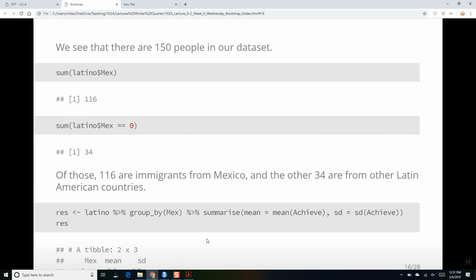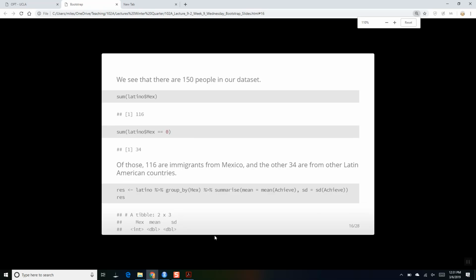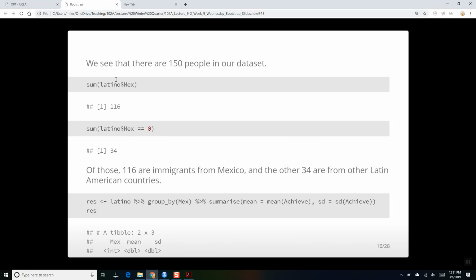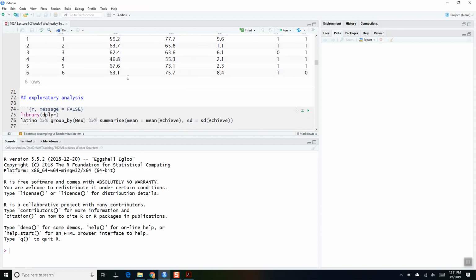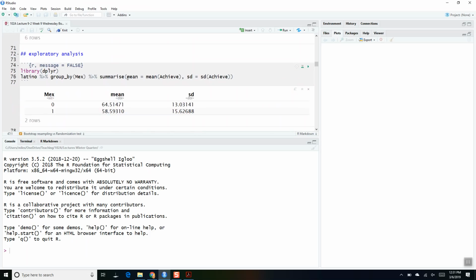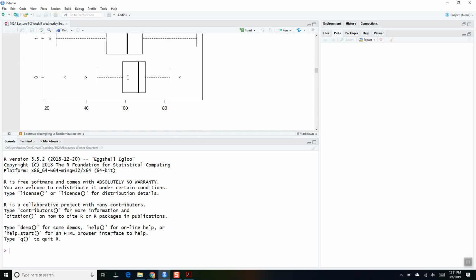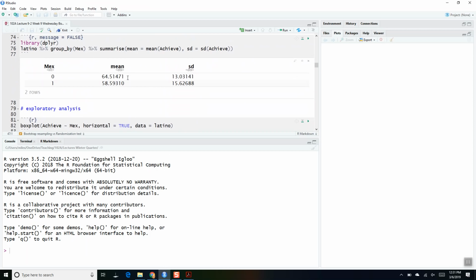So, sorry, again, this is getting cut off. We have a total of 150 people. Of those, 116 came from Mexico, 34 came from other countries. And then in the summary, well, it's this same summary data that I had earlier.